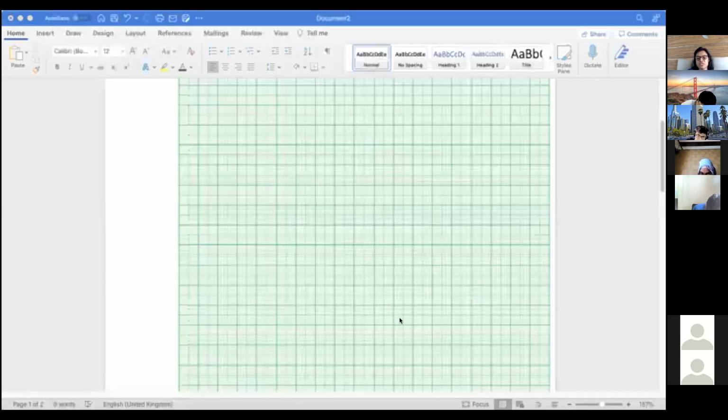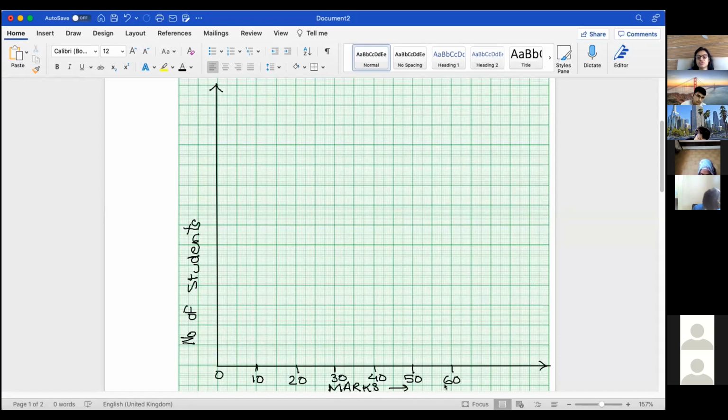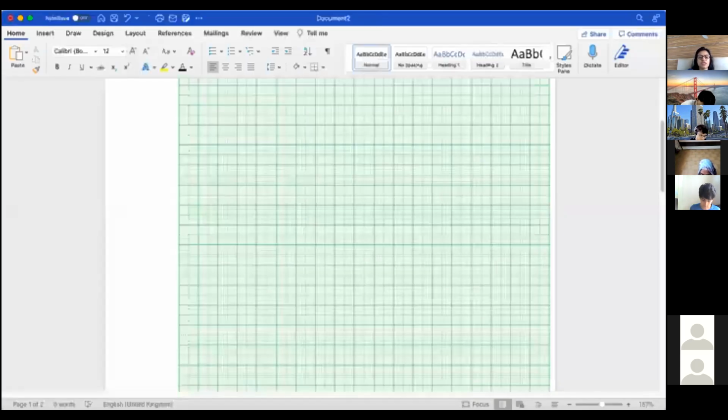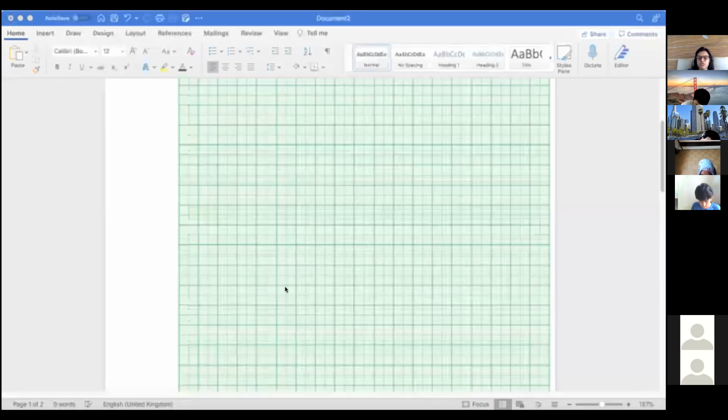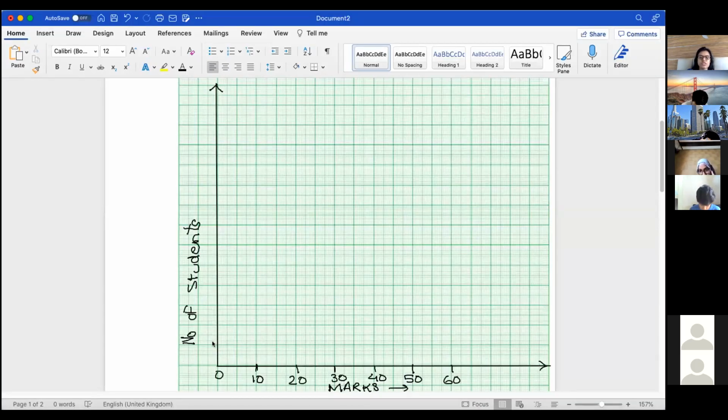Even if you don't draw the 60, it's not necessary. And frequency is from 4 to 8. Minimum is 4, maximum is 8. So let us draw 1, 2, 3, 4, 5, 6, 7, 8, 9.